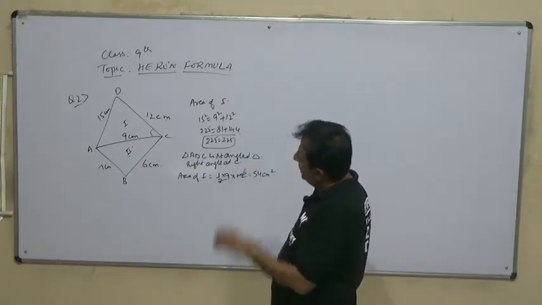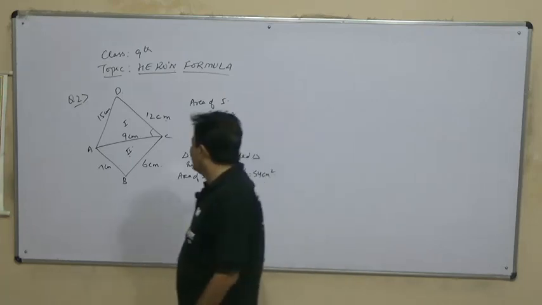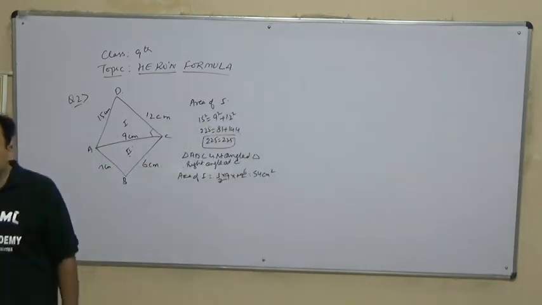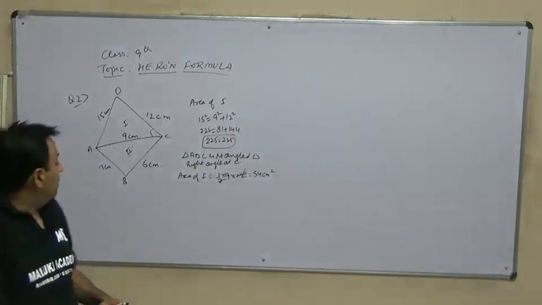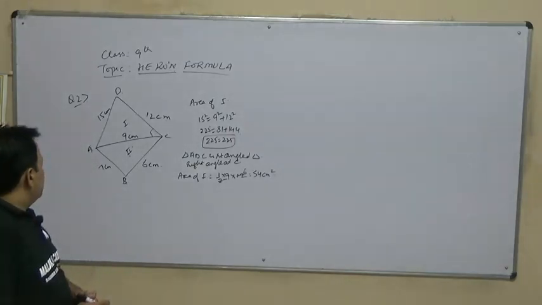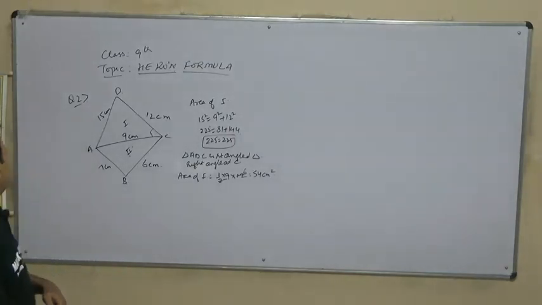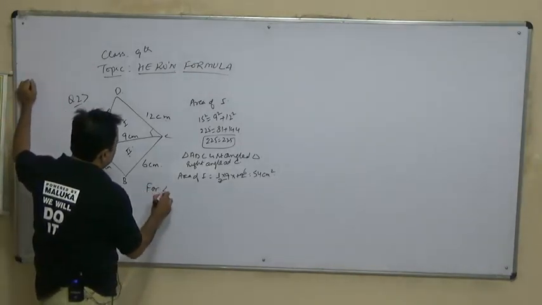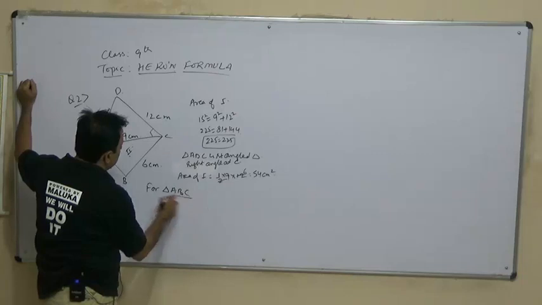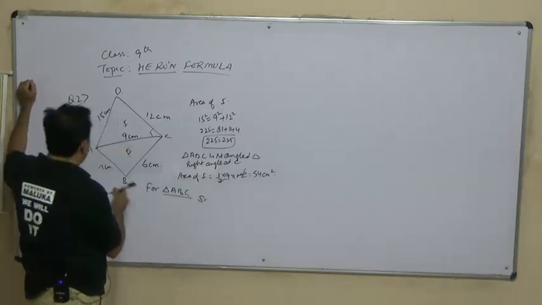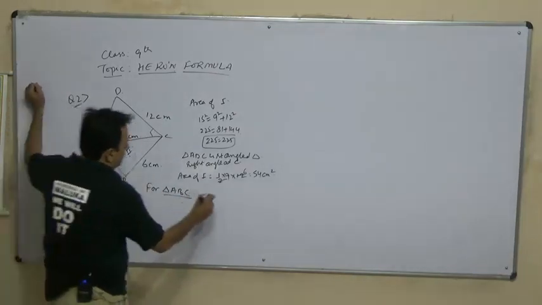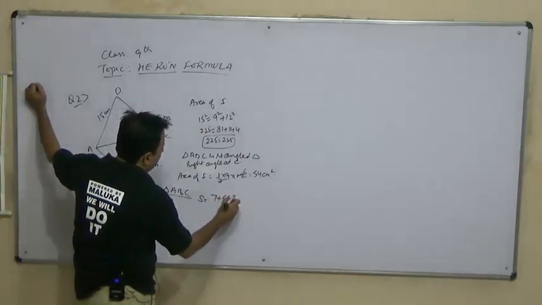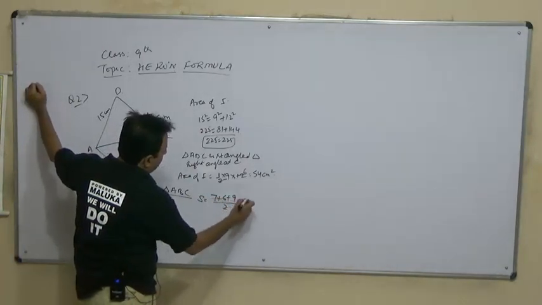Now we want to find the area of ABC. For ABC we have got 3 sides and Pythagoras theorem is not applied to this. So we will use Heron's formula for triangle ABC. S is equal to 7 plus 6 plus 9 upon 2, this is 11.